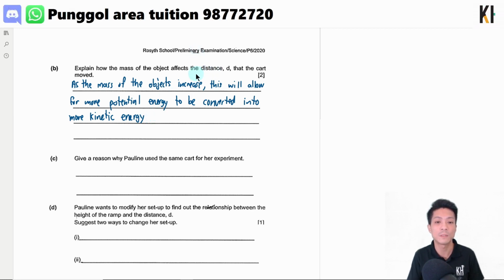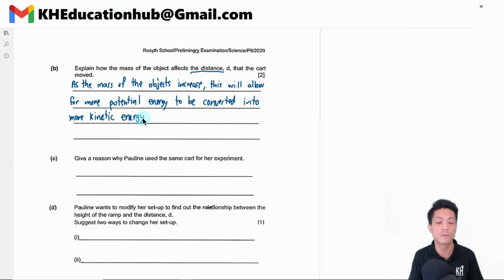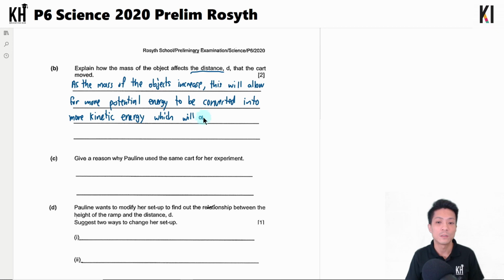Okay, remember we got to talk about the distance, right? So as the mass of the objects increase, this will allow for more potential energy to be converted into more kinetic energy, which will allow the cart to move a longer distance.